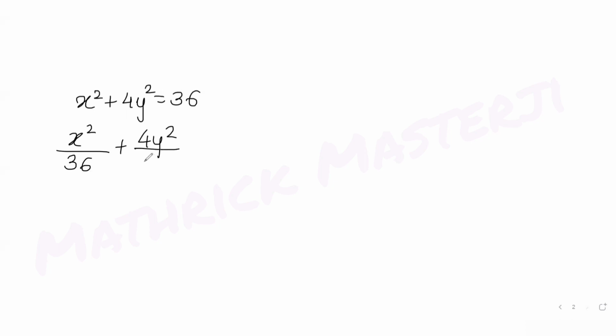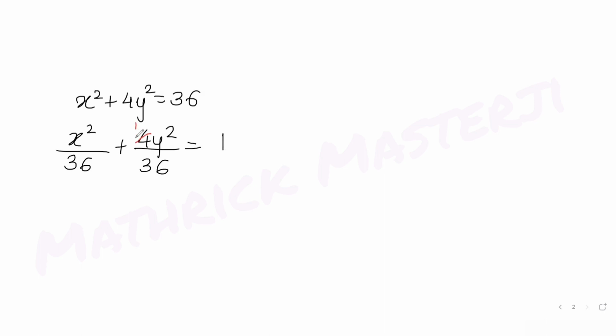The equation of the ellipse is x square plus 4y square equals 36. To convert it into the general form, I divide throughout by 36. That gives x square by 36 plus 4y square by 36 equals 36 by 36, that is 1.